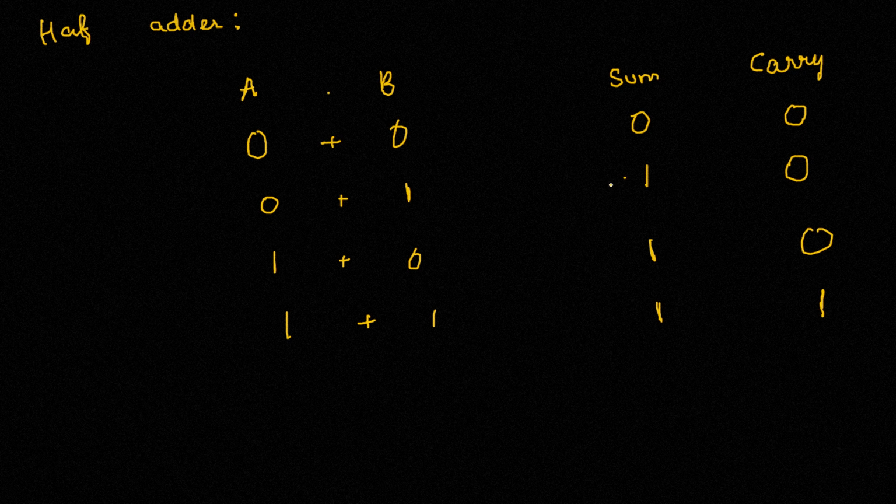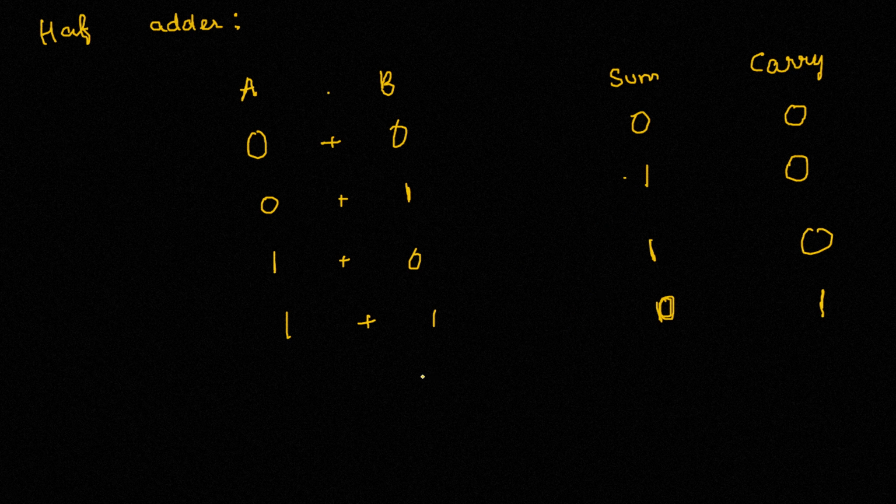Now that we've written the sum and carry, what we need to do is represent the sum and the carry in terms of the inputs. Like you can see 0, 1, 1 and 0. This is how the truth table for an XOR gate looks.